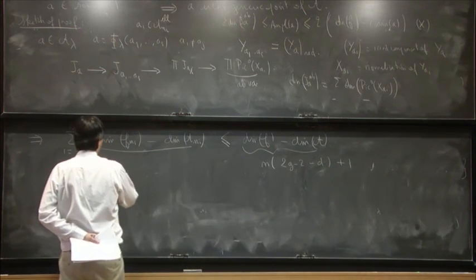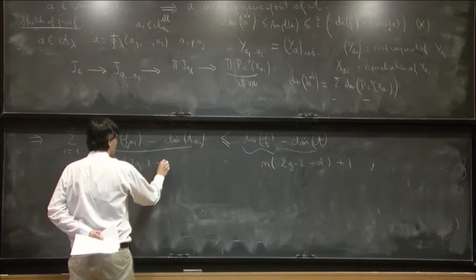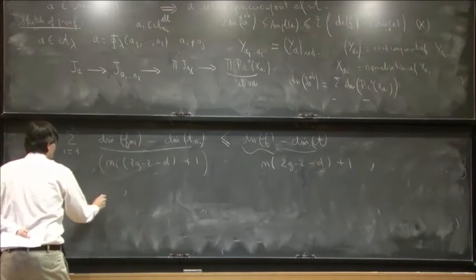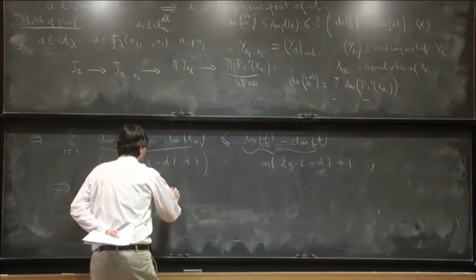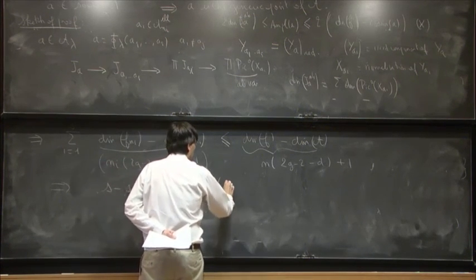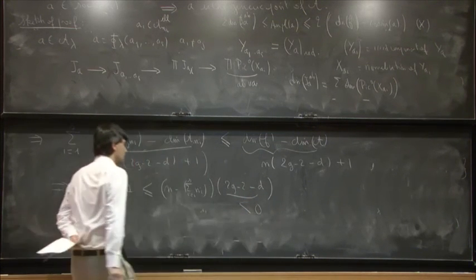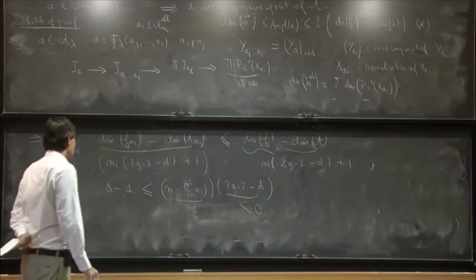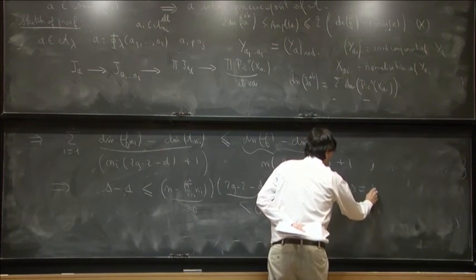And we are in rank n_i, so this is n_i times 2g minus 2 minus d plus 1. So this gives you that s minus 1 is less than n minus the sum over n_i times 2g minus 2 minus d. So this is negative, this is positive, so this is negative. So this implies that s is 1.